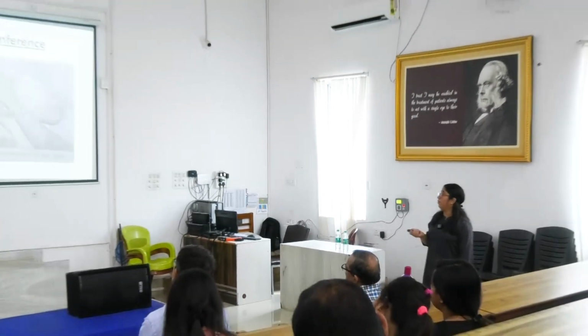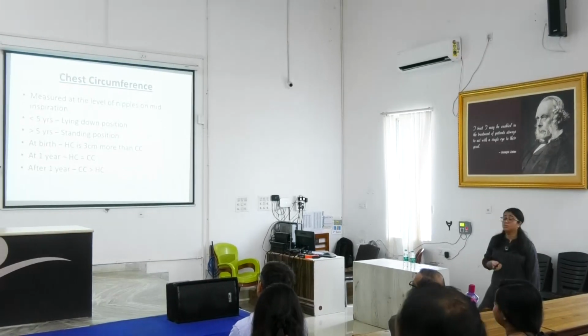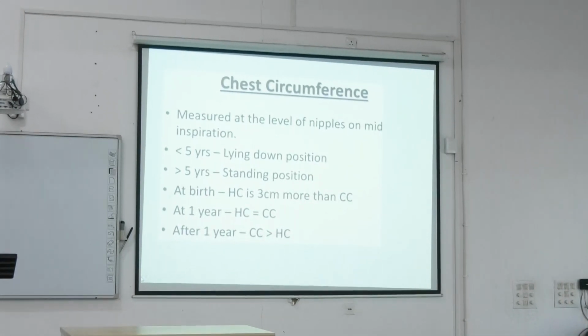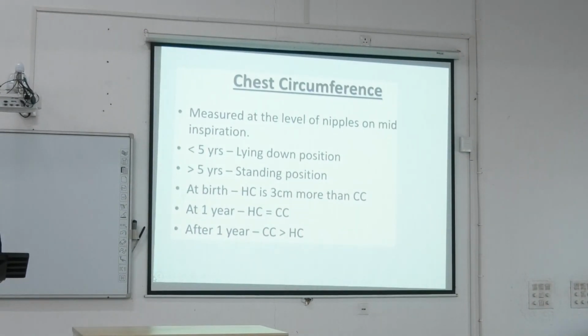Now chest circumference. How do we measure chest circumference? At the level of the nipple. And what is the normal chest circumference? What you remember is, at birth, head circumference is 3 centimeter more than chest circumference. The size of the head is actually more.